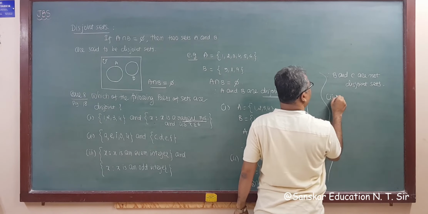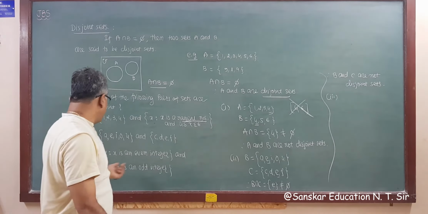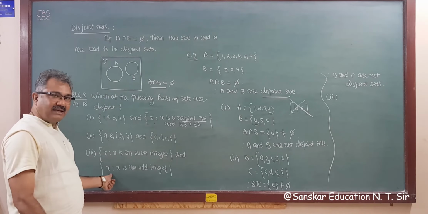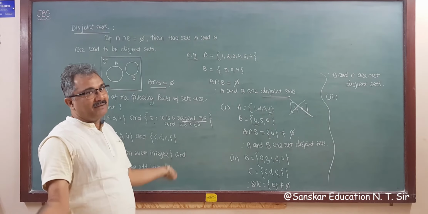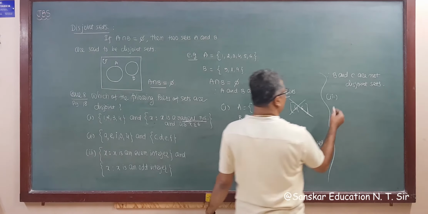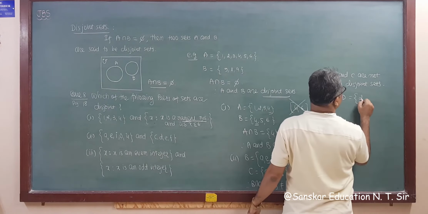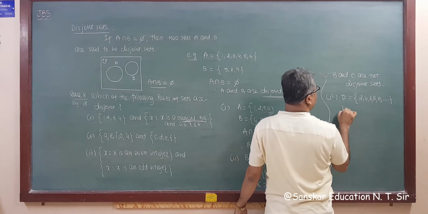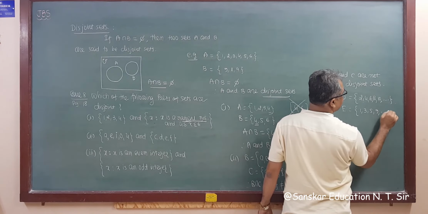Right? Now the third one. Third one is given X is an even integer, and another set is E, where X is an odd integer. If even integers and odd integers are mixed up, it becomes the set of natural numbers, but the intersection is always empty. So D is equal to even integers, that is 2, 4, 6, 8, 10, and so on, and E is equal to odd integers, that is 1, 3, 5, 7, and so on.